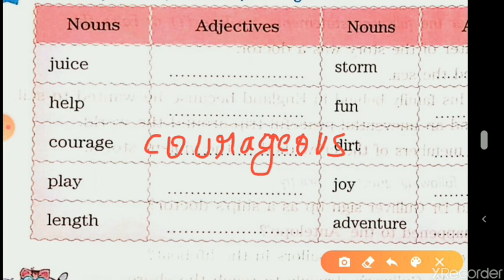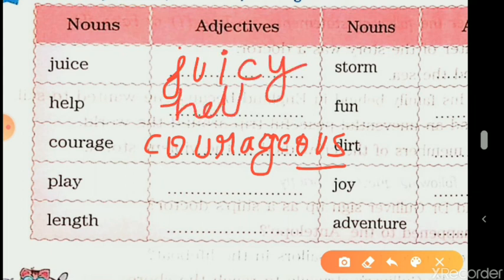From the noun courage we have made the adjective courageous. We have added OUS at the end. So juice was juicy, help was helpful, and courage is courageous.